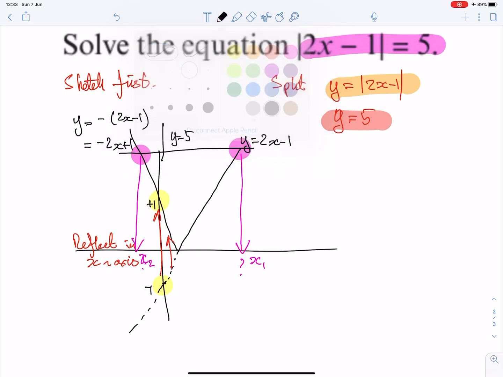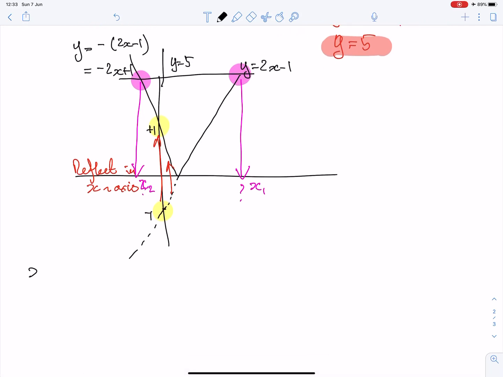So for x1, that solution is where 2x minus 1 is equal to 5. So 2x is equal to 6, x is equal to 3. For x2, we've got minus 2x plus 1 as the equation of the sloping line, again equal to 5.